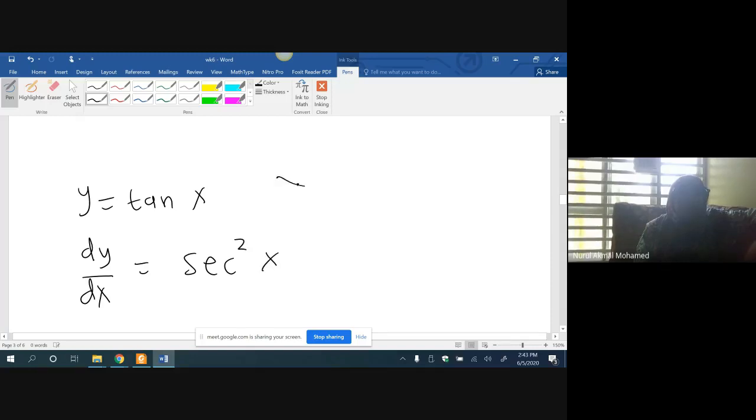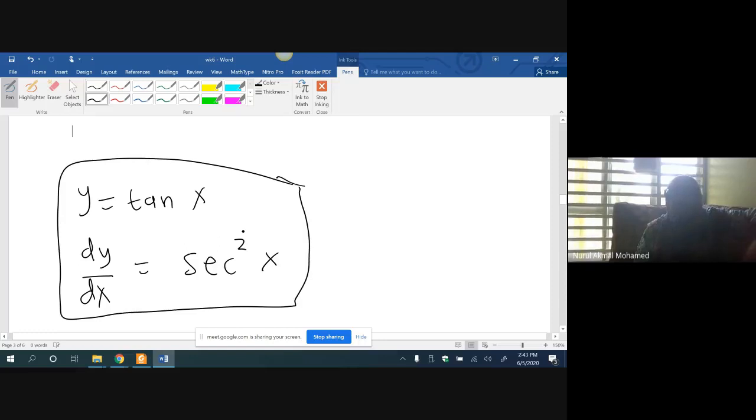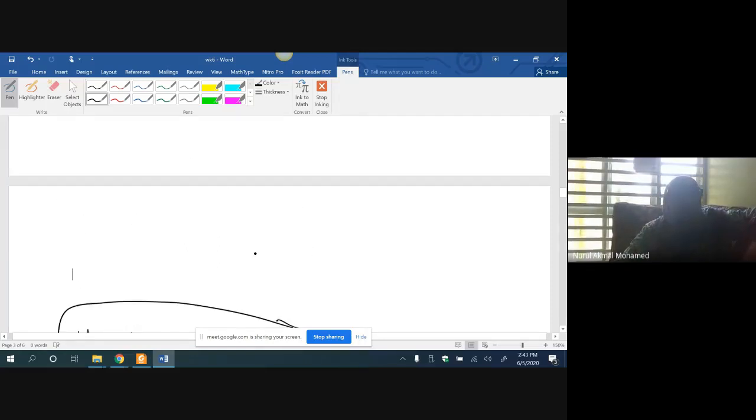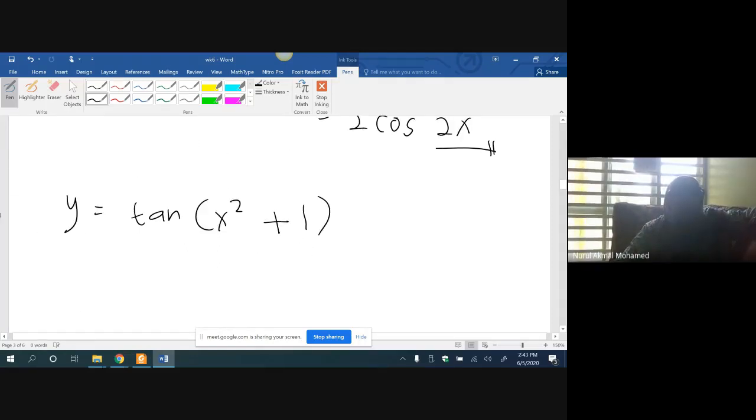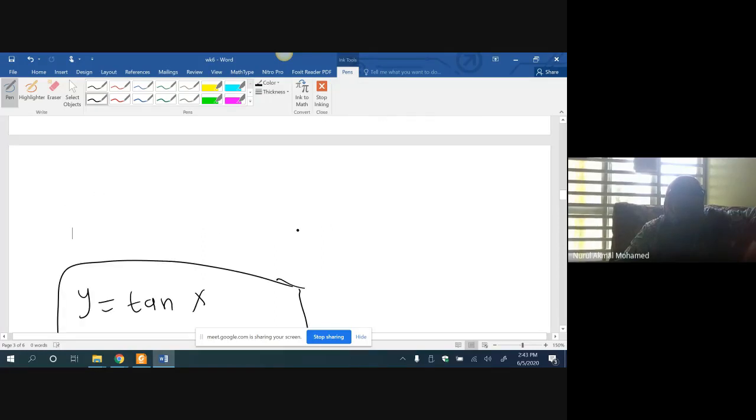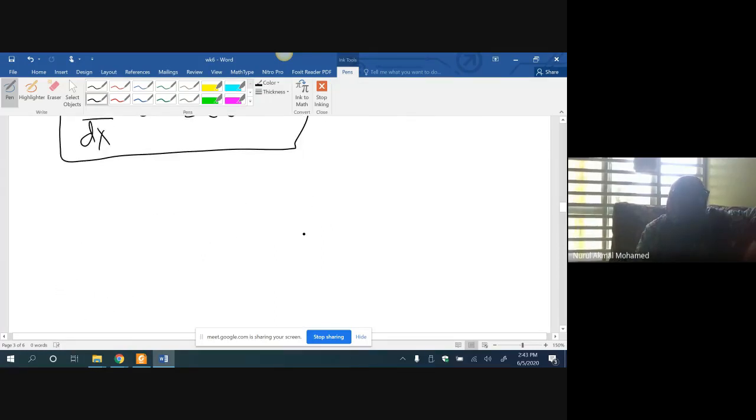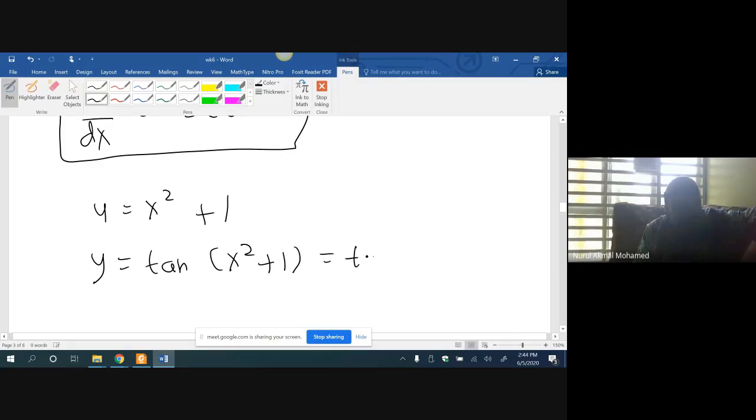So this is your pre-knowledge. You already know this, isn't it? We're going to use this information in order to solve this question here. So firstly, you define u as x squared plus 1. So the equation y equal to tangent of x squared plus 1 can also be written as tangent u.